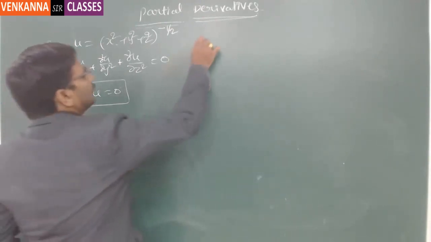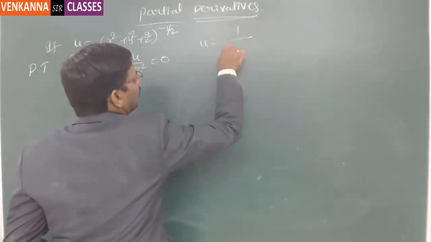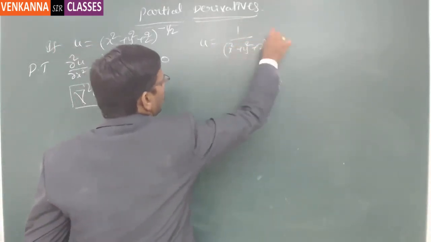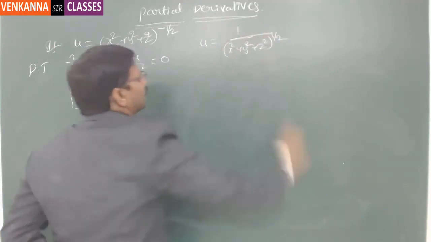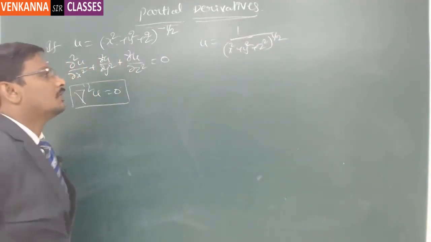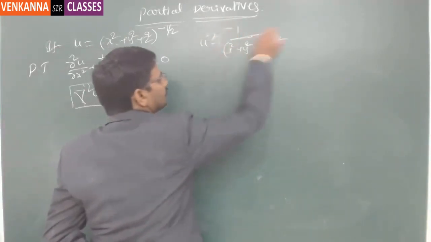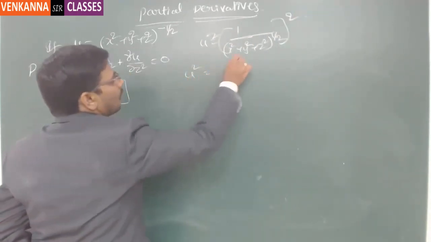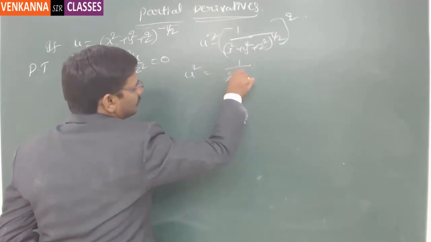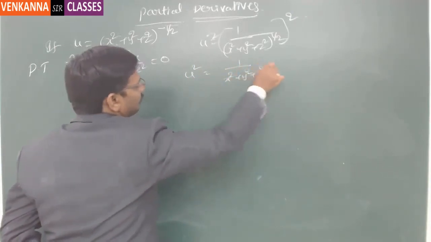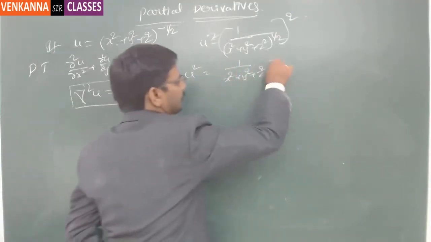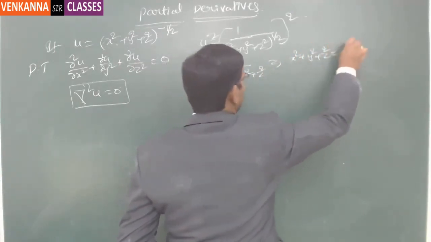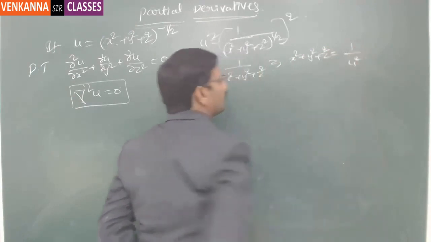See this, here u is equal to 1 by (x square plus y square plus z square) whole power 1 by 2, because power minus 1 by 2 is there. Now if I square it on either side, then u square is equal to 1 by x square plus y square plus z square, which implies x square plus y square plus z square is equal to 1 by u square.